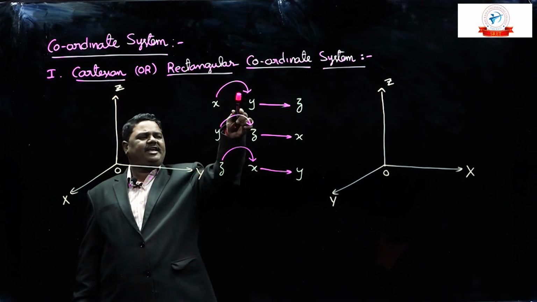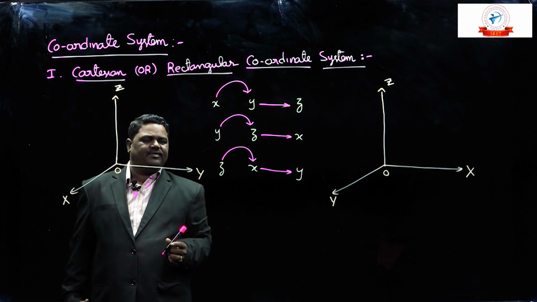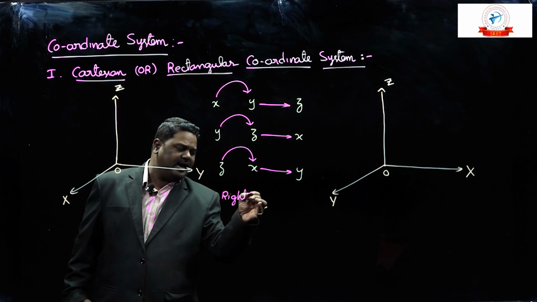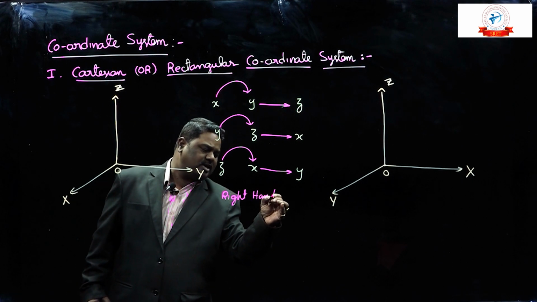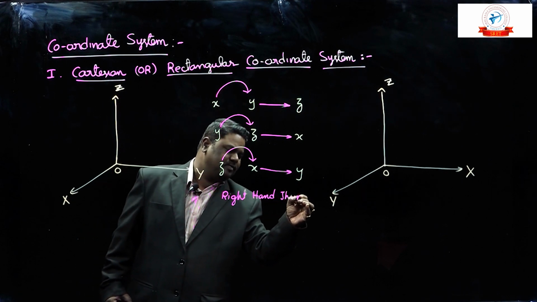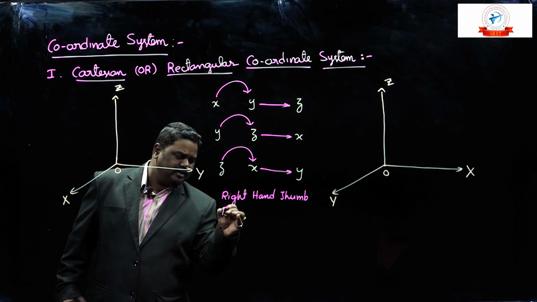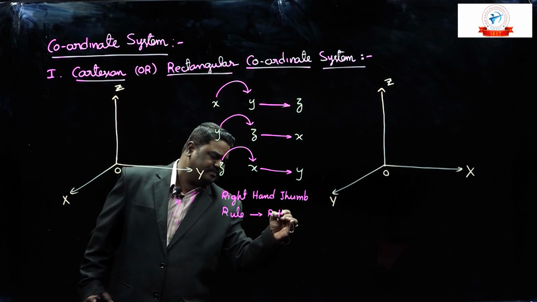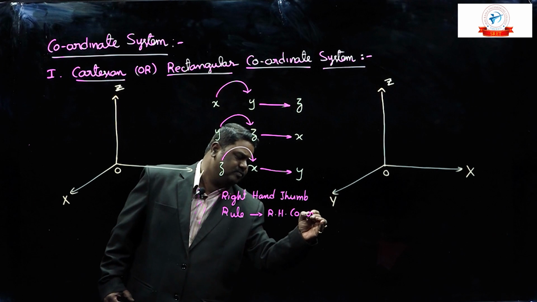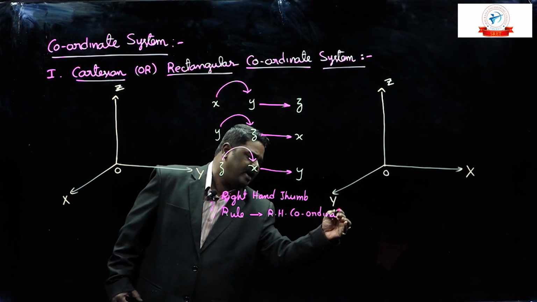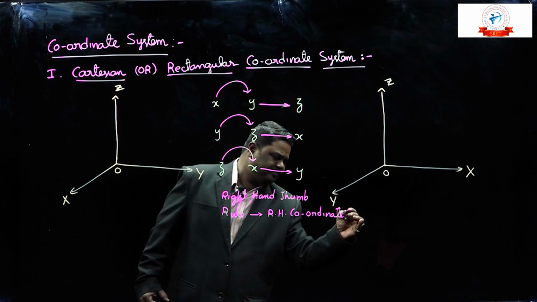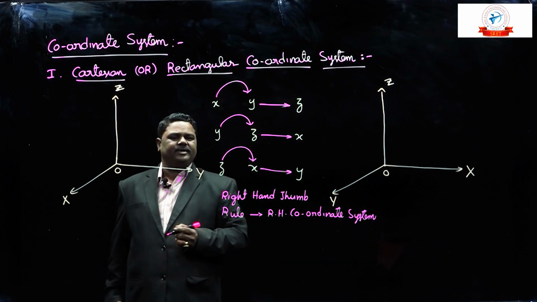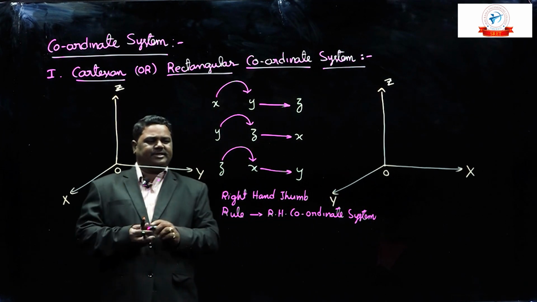If any one of these rules is satisfied with the help of the right hand thumb rule, then the coordinate system is called a right-handed coordinate system. Let us verify these conditions.